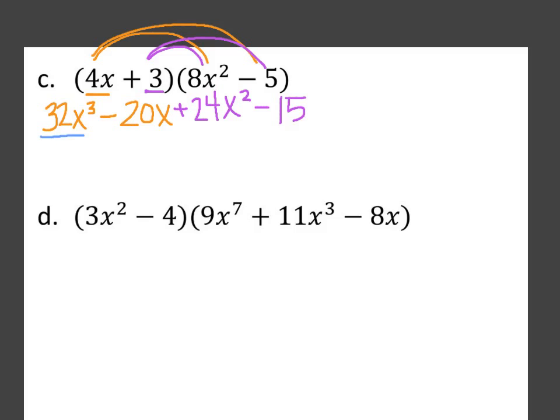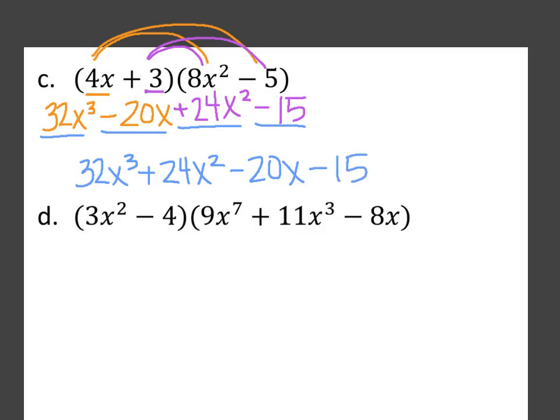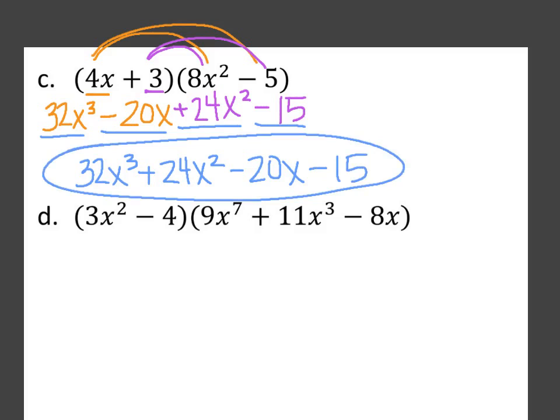So I'm finding my biggest exponent first and putting that in the front, followed by my next biggest exponent, and so on down the line until I get to my constant. And this would be my final expanded polynomial.